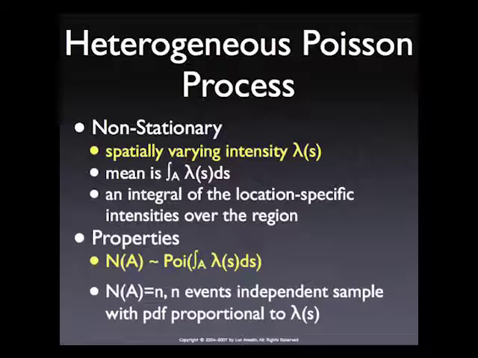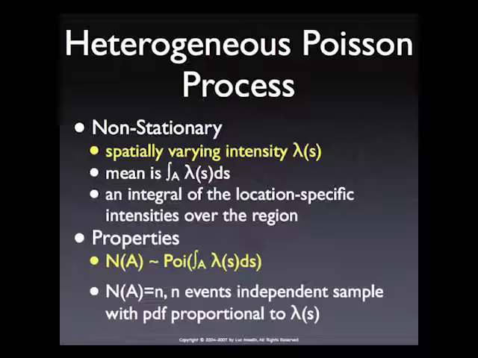So since this lambda(s) is specific to each infinitely small location, the actual average of the process we can only get by adding up all these infinitely small pieces. And mathematically, I know a lot of you don't like this symbol, but mathematically this is done by integrating over the area. So an integral is nothing but an infinite sum of very small pieces.